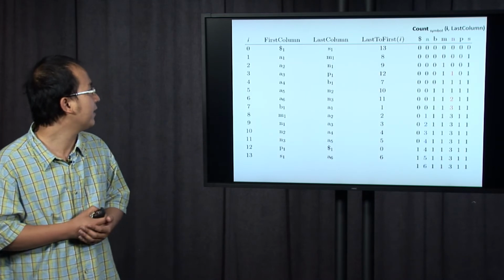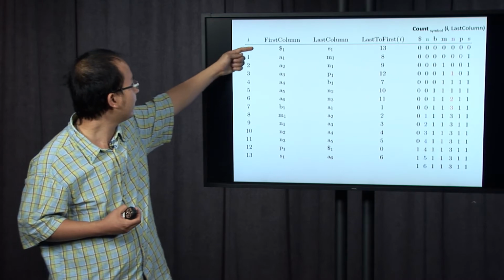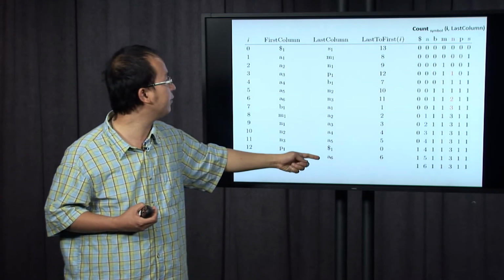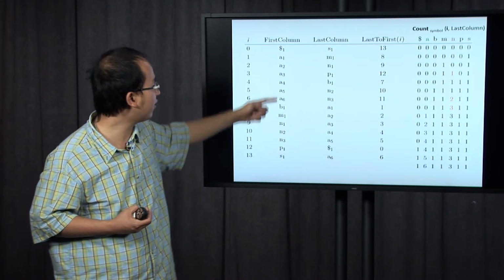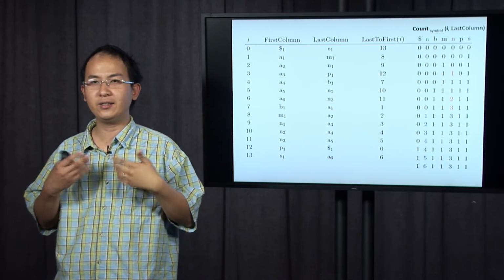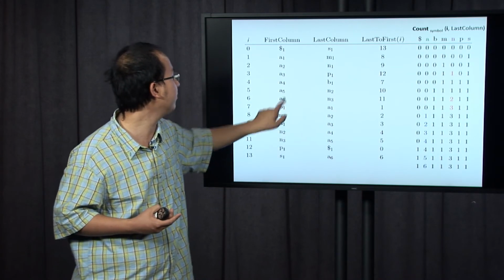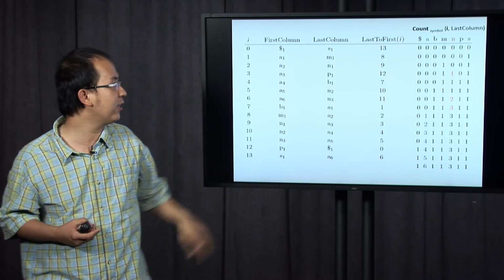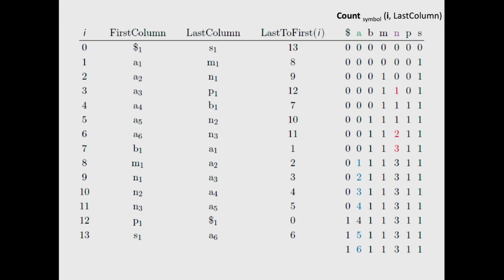So let's look at the algorithm again. This is the last column, which is the BWT. This is the first column, which is obtained by sorting the last column. These are the indexes. You can see that here we add some information over there.